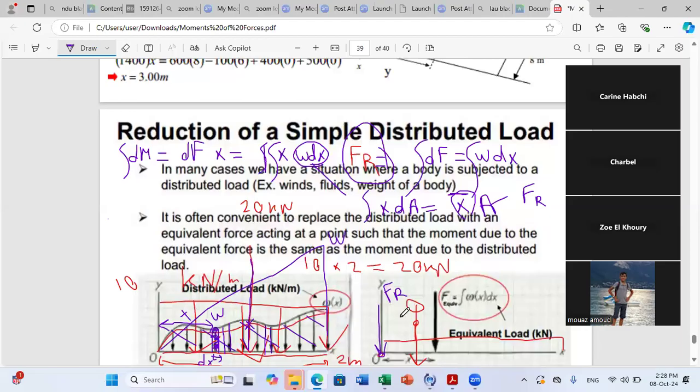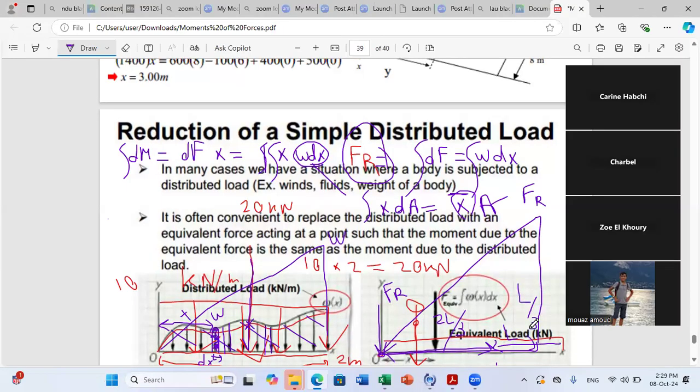But if you have a triangle, mathematically, the centroid is at, if this length is L, 2/3 L from the point O. So this is 2L over 3. And from the other extremity, it's L over 3 from the base.